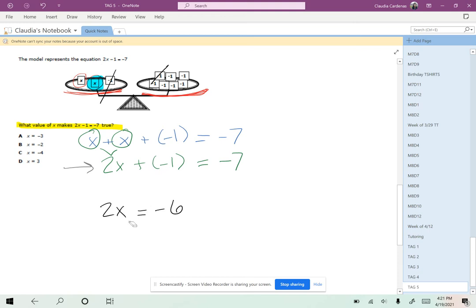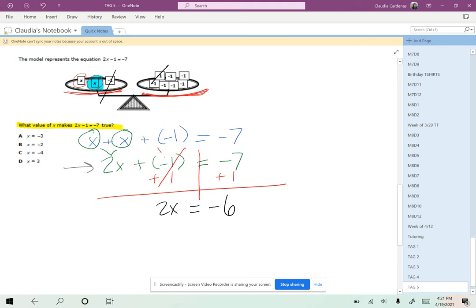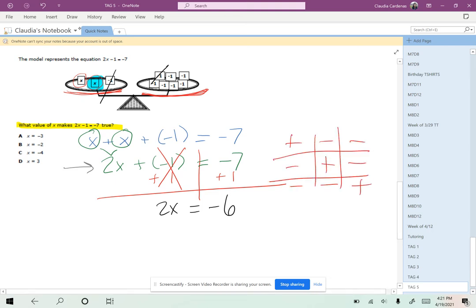Let me move this over actually. The way that I can show that algebraically, instead of using the model, is by adding 1 to both sides, which takes away the negative 1 because we get 0 and we're left with 2x. Then our tic-tac-toe chart reminds us that because we have a negative and a positive, we have to subtract and keep the sign of the bigger number.